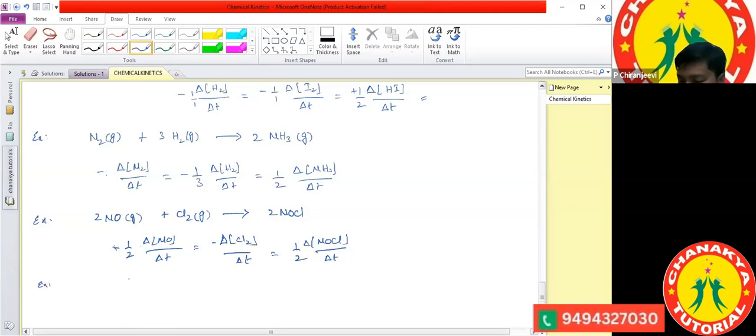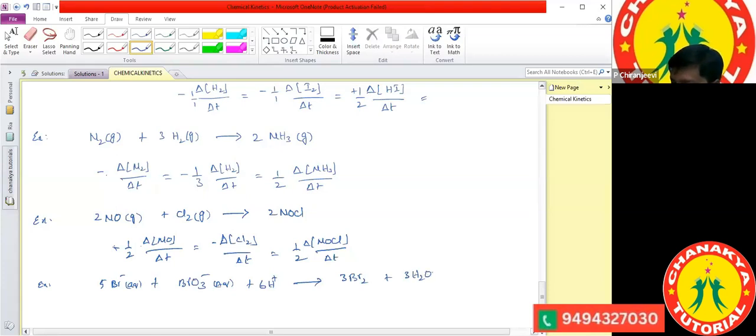So what is the previous JEE question? Here 5 moles of Br minus in aqueous solution, plus BrO3 minus in aqueous medium, plus 6 moles of H plus gives rise to 3 moles of Br2 plus 3 moles of water molecule.